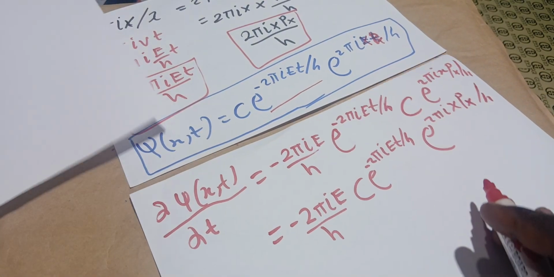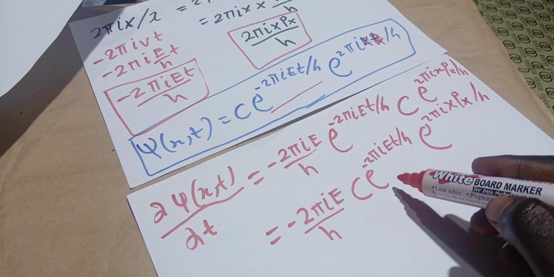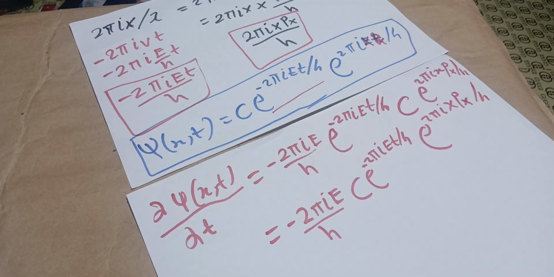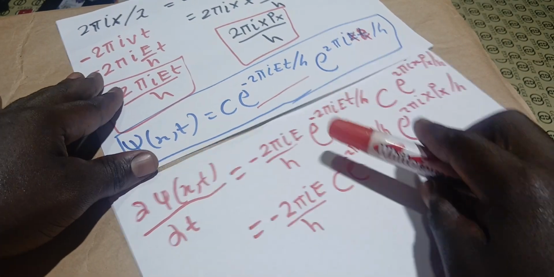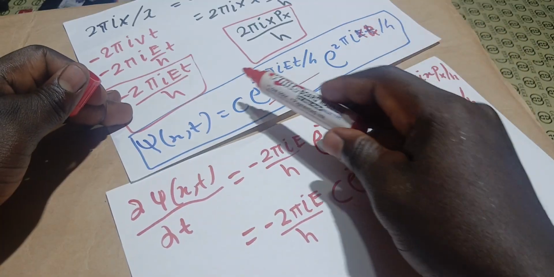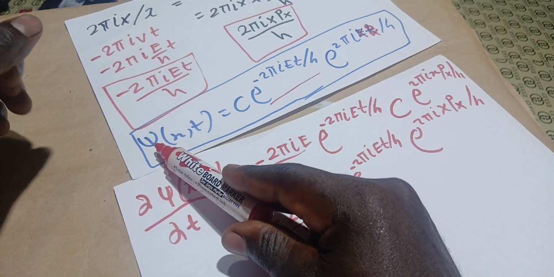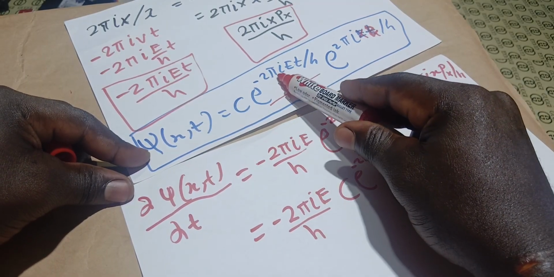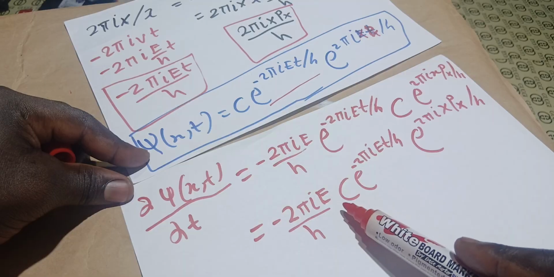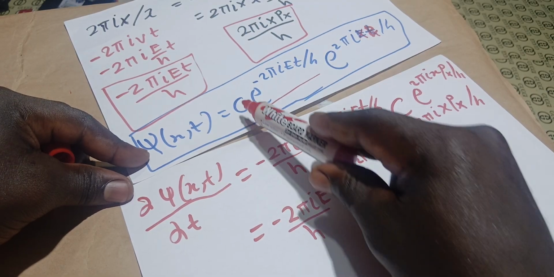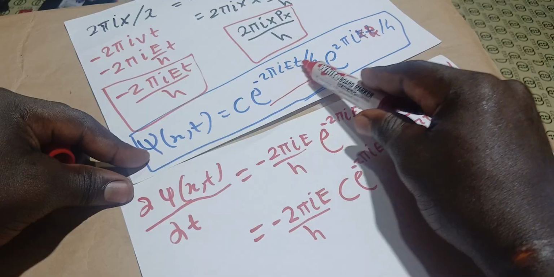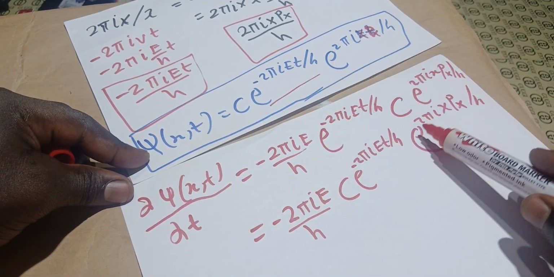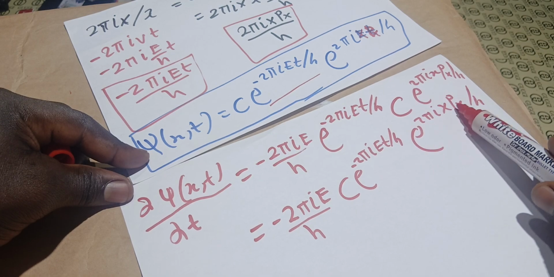So now comparing this to our wave function right here, you could see that psi(x,t) equals c e to the power... we have c here, we have e to the power minus 2 pi i E t over h, which is the same, and we also have e to the power 2 pi i x p_x over h.